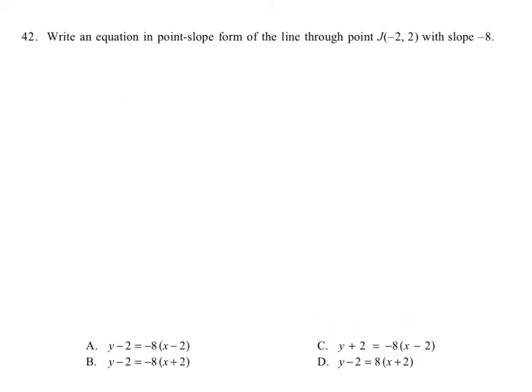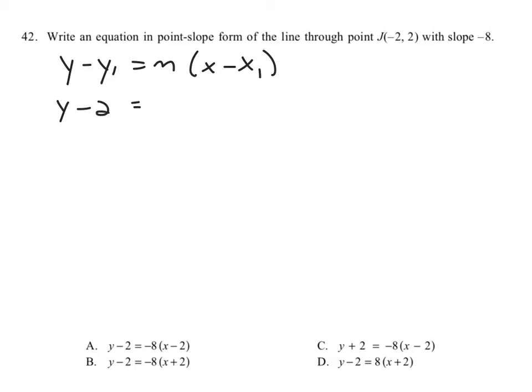Okay. Write an equation in point-slope form. Well, that's even easier than the last one because right away we're just going to sub in the values and we'll have it already done. Point-slope form looks like this. And so we say y minus, what's the y coordinate that they give us? 2.